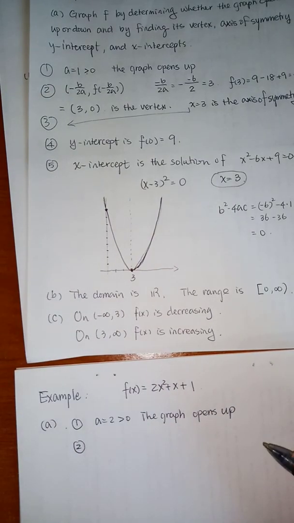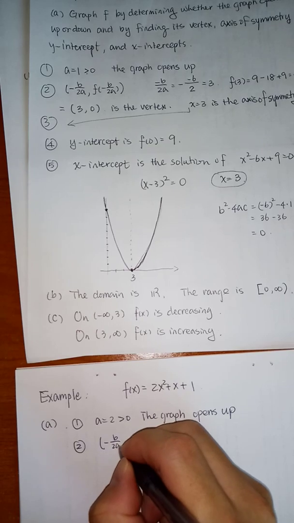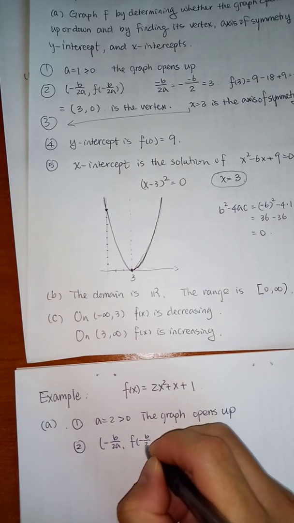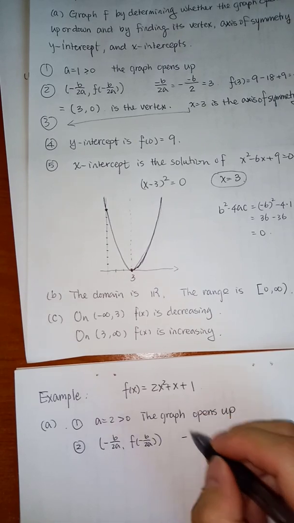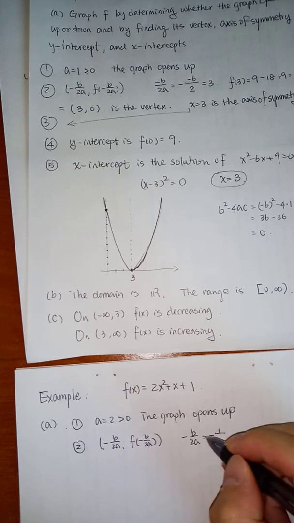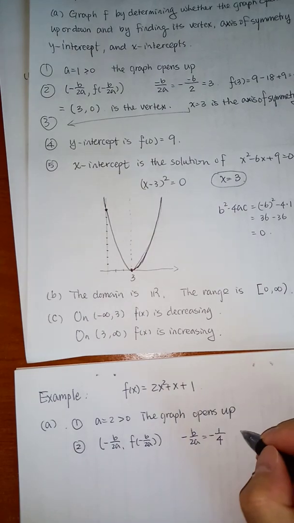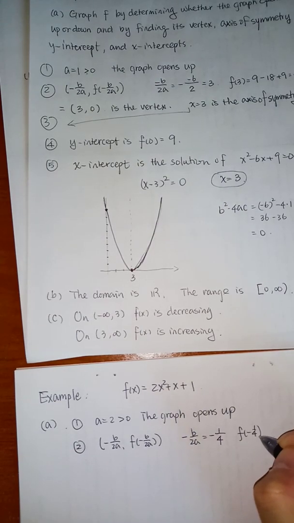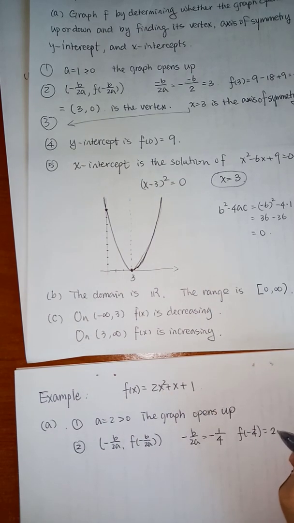B, the vertex: negative b over 2a, f of negative b over 2a. Negative b over 2a is equal to negative 1 over 4, since b is 1 and a is 2. And f of negative 1 over 4: negative 1 over 4 squared is 1 over 16, plus negative 1 over 4, and plus 1.